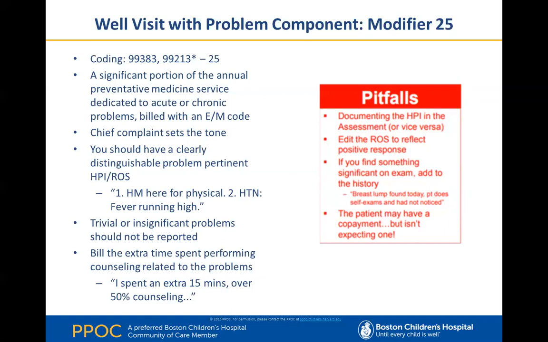Maybe they have signs of a URI or they're having abdominal pain. Let's say they have CF or one of the mental health diagnoses, and you know that you're going to be addressing all of that. There's no secret about that, but the way you document it is very important.